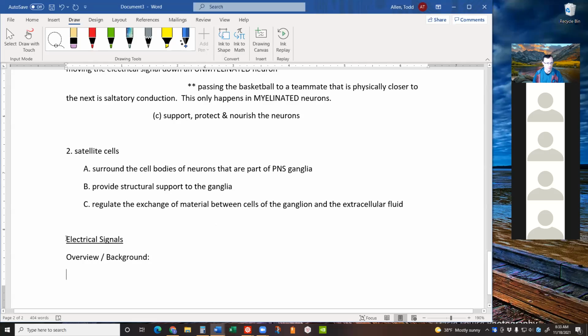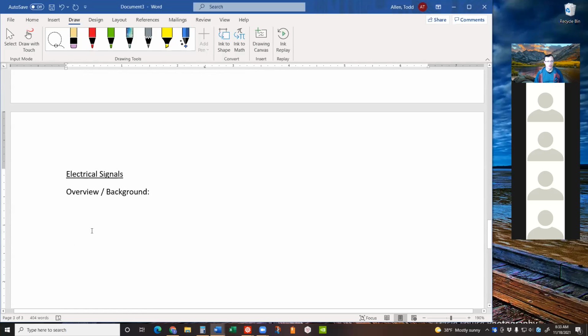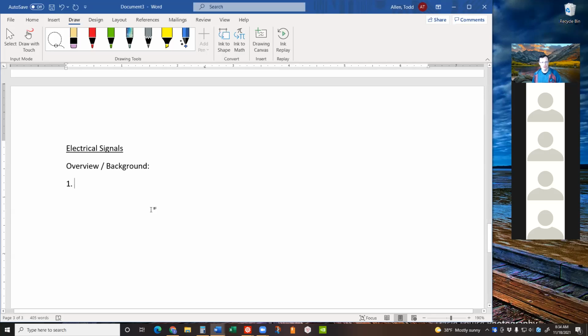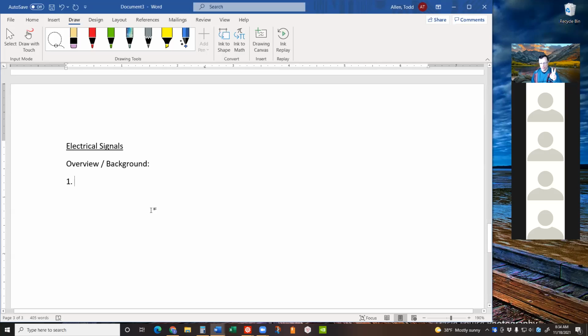All right, so let's see. You can probably justify going down onto a new page here for notes. Depending on how deeply you've read into chapter 12 or what experience you have from other biology courses, you know that in our nervous systems, there are basically two types of electrical signals. Many people have heard of nerve impulses and action potentials, but there is actually another type of electrical signal that is not quite as famous.